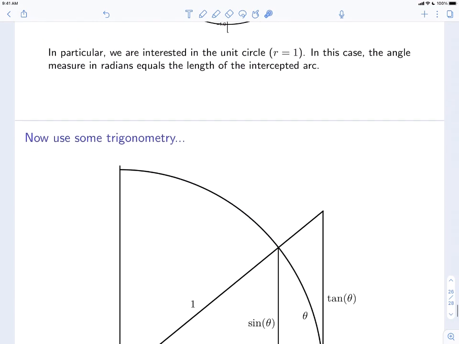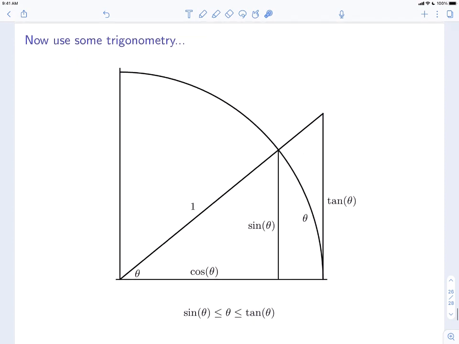So let's zoom in. Here we have our angle measure theta in radians. Wherever this radius intersects the circle, this point right here has coordinates cosine theta, comma, sine of theta.